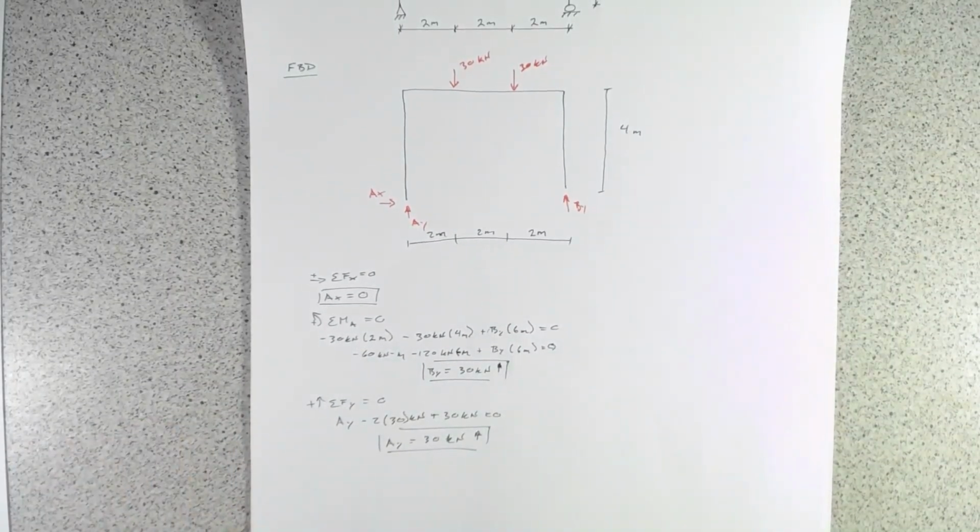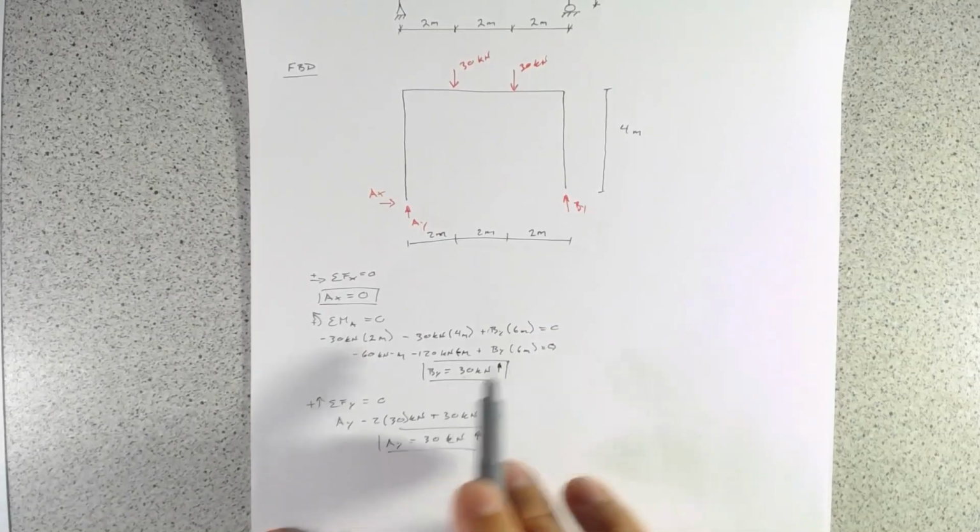And again, just a check of our intuition. Does this make sense? Should we expect no horizontal force? Well, of course, there's only vertical loads applied to this. And then in terms of our vertical reactions, we have a symmetric system, so we would expect a symmetric reaction.